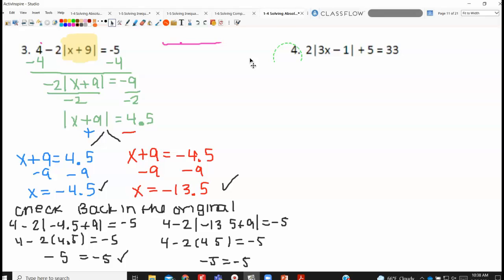So in number 4, you need to isolate that absolute value. So you need to get rid of the 5 and the 2. So we're going to start by subtracting 5 from both sides. Dividing by 2.